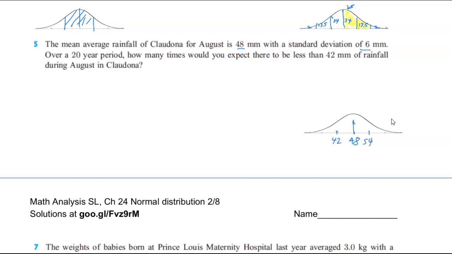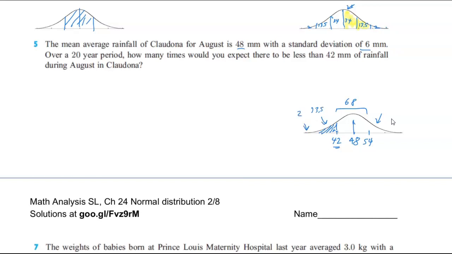Okay. Over a 20-year period, how many times would you expect there to be less than 42 millimeters of rainfall? So less than 42. What a coincidence. It falls exactly on a standard deviation line. So if it falls exactly on a standard deviation line, we know that this middle section is 68%, and this section here is 13.5, and this is 13.5, right? This is 2.